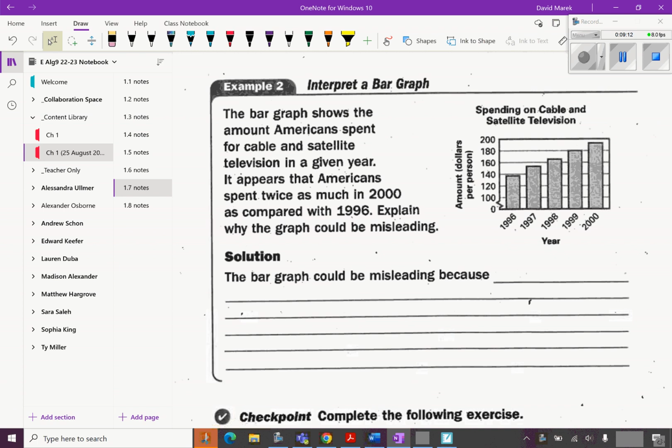So again, we take a look at that height of this in 1996 and take a look at the height of this in the year 2000, it looks like this rectangle here at the end is twice as tall as that one in the beginning.